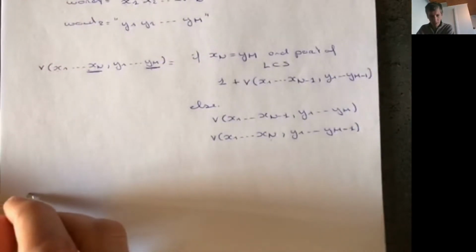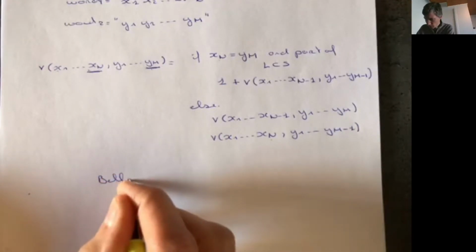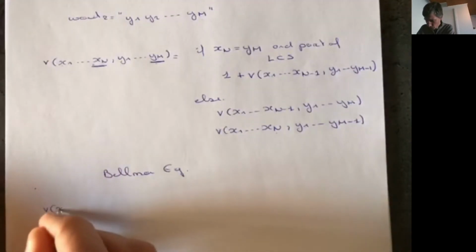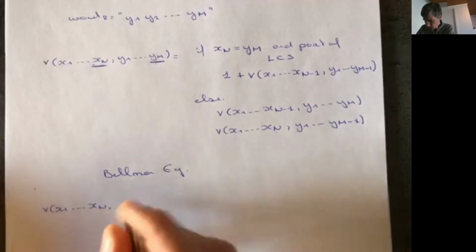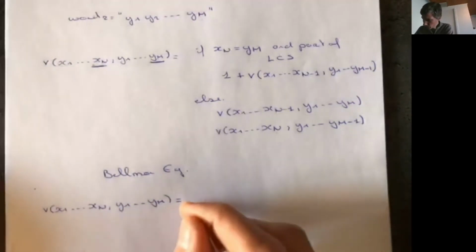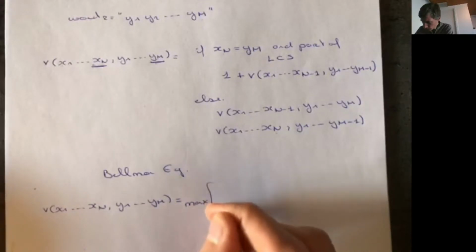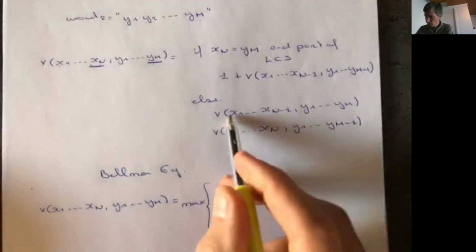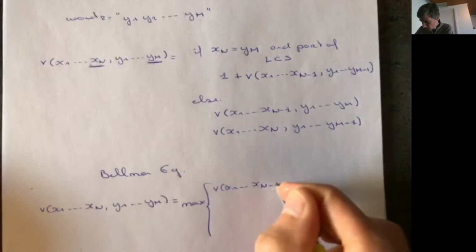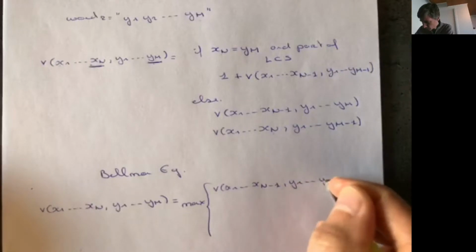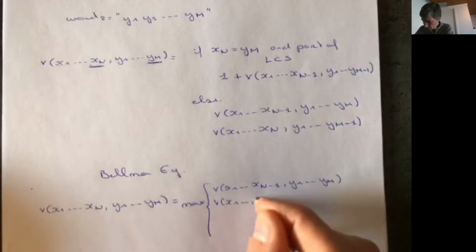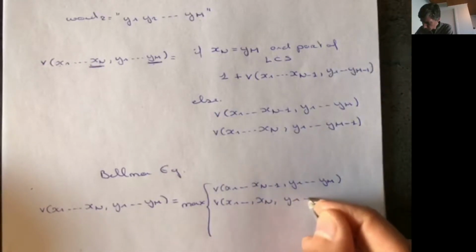So my Bellman equation will be the following: v of x1 until xn, y1 until ym is going to be equal to the maximum of a number of cases. Either xn is not part of it, and I have this, or ym is not part of it, and I have this.